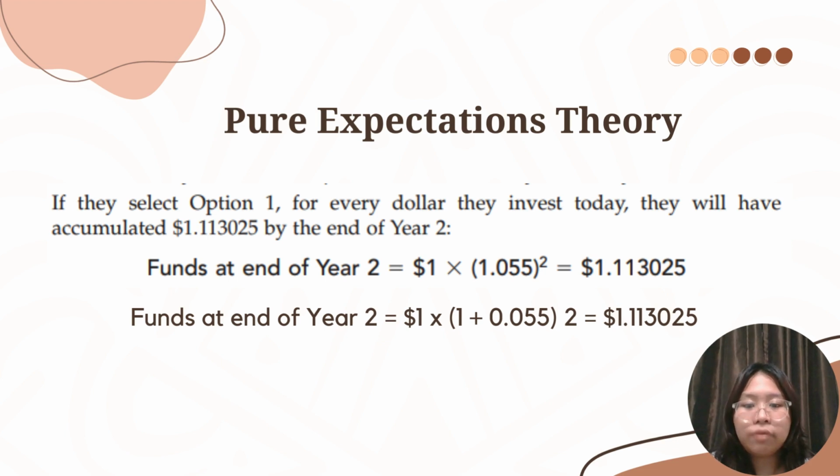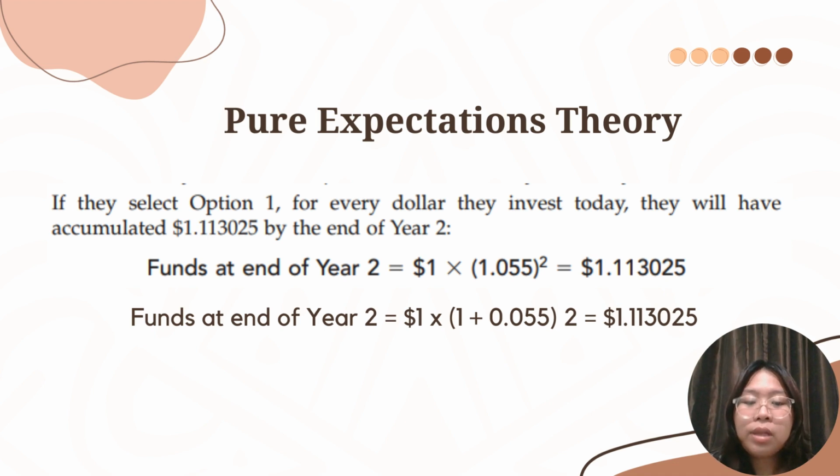If the investors selected option one, for every dollar they invest today, they will accumulate $1.113025 by the end of year two. To get the answer, funds at the end of year two is equal to $1 times 1 plus 0.055, which we got from 5.5%, raised to 2.